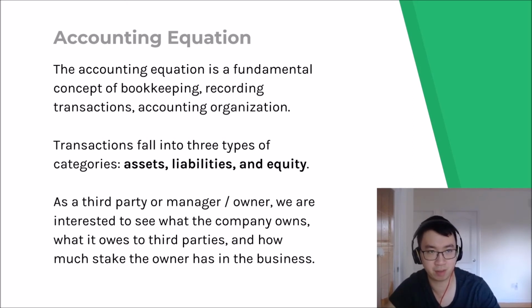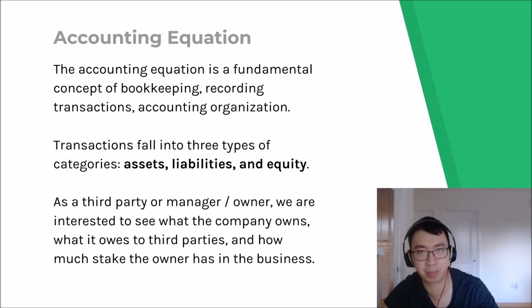It's a fundamental concept of bookkeeping, recording transactions, and how we organize our books. So basically, we've learned in the last two episodes about the role of transactions in a company and how transactions affect the financial picture, because there's an exchange of money, we buy and we sell things.